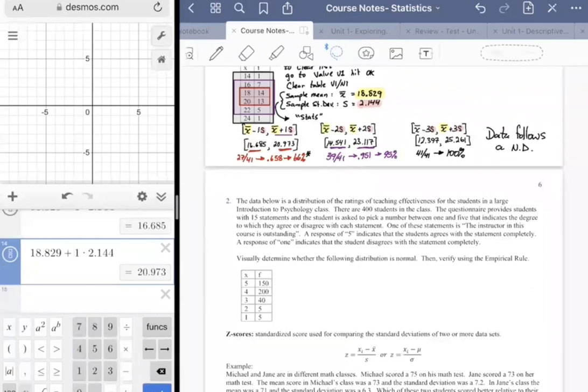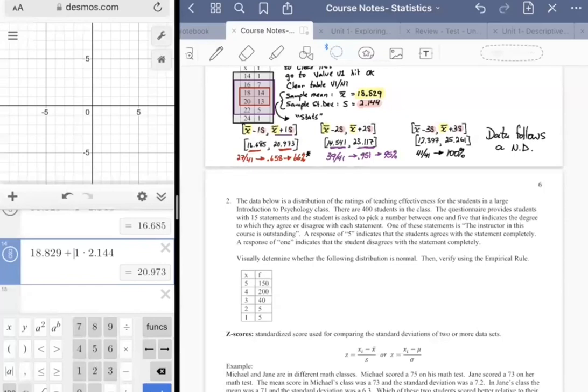The questionnaire provides students with 15 statements, and the student is asked to pick a number between 1 and 5 that indicates the degree to which they agree or disagree with each statement. One of these statements is: the instructor in the class or course is outstanding. A response of 5 indicates that they agree with it fully, and a response of 0 means that the student disagrees with the statement completely. Personally, I think 0 should be disagrees completely, but it wasn't my study.